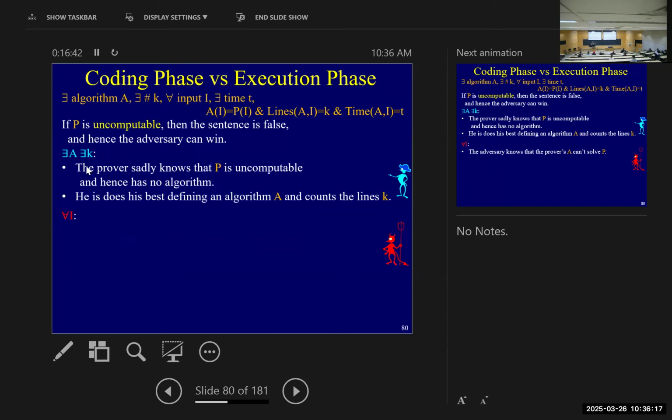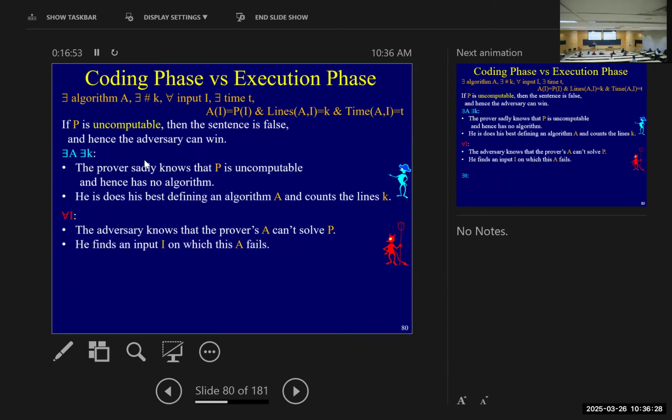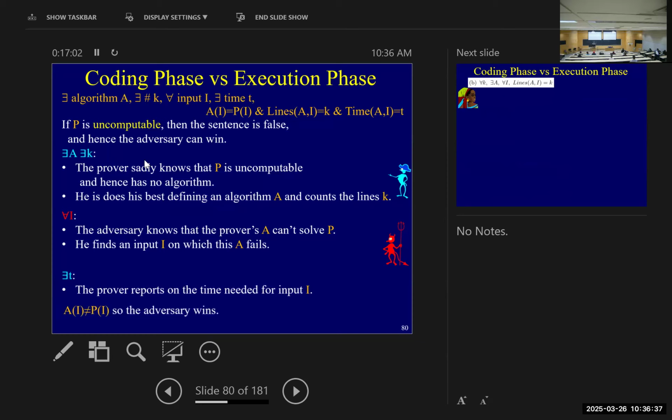He tries to come up with an algorithm, but the algorithm's not good. For any algorithm he comes up with, the adversary knows it's not solvable and can find an input on which the algorithm is going to fail, right? Everybody kind of good with that?